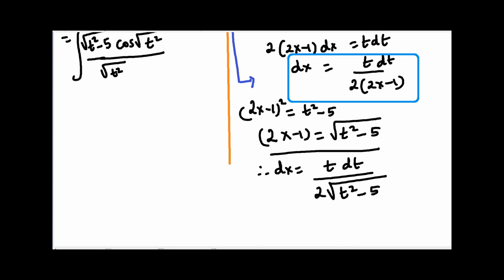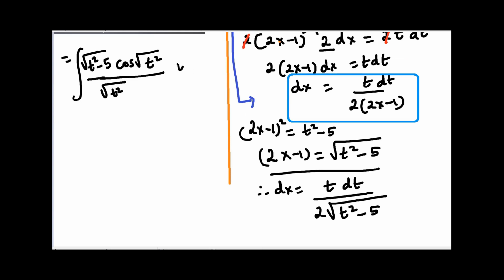So make sure that dx is t times dt over 2 times the root of t squared - 5.